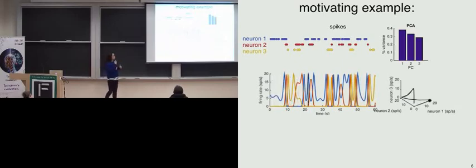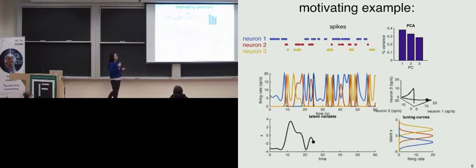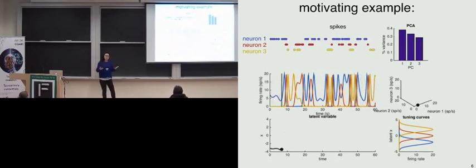So it looks like a three-dimensional space, but actually there exists a one-dimensional structure that is curved in the 3D space. And here is the one-dimensional latent variable X that we use to generate these three firing rates. You can think of this as the animal's position on a linear track.